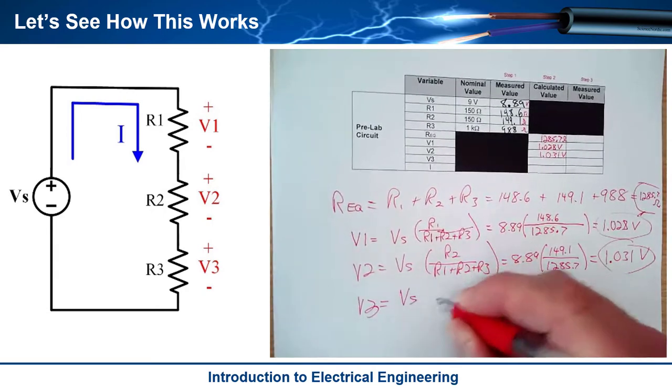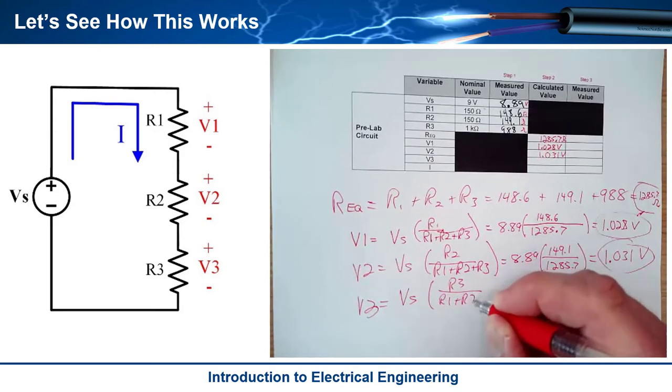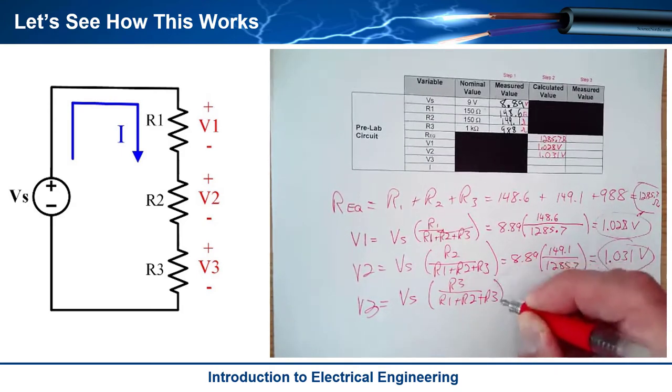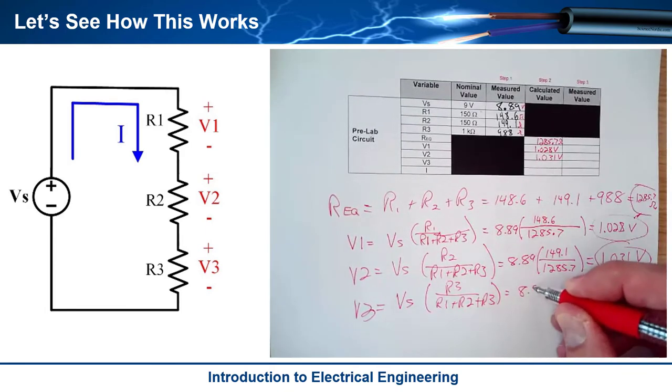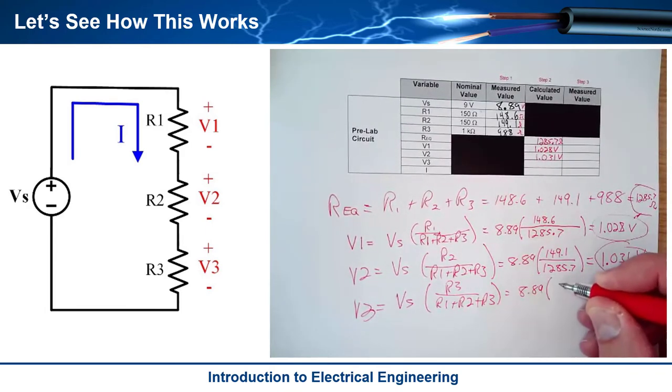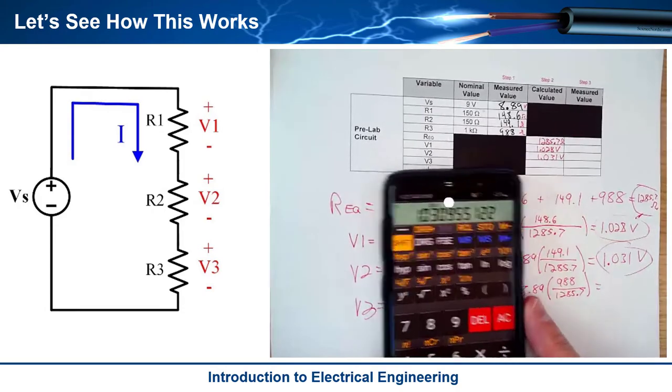V3 is going to be equal to Vs times R3 over R1 plus R2 plus R3. And what is R3? We have 8.89 multiplied by 988 over R1 plus R2 plus R3, which we know by now is 1285.7. And this should be the rest of my voltage. So here we go.